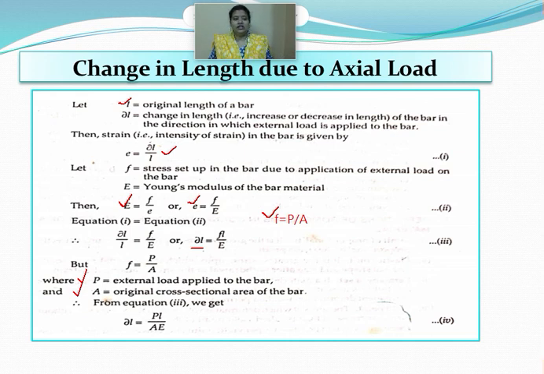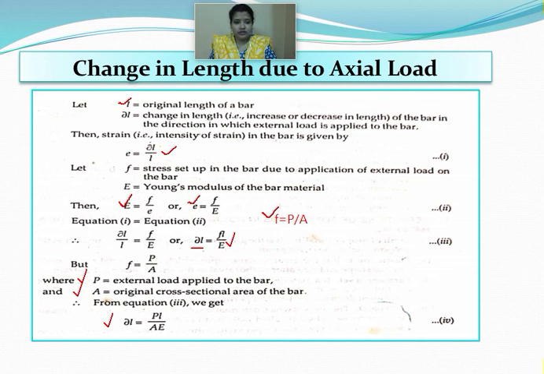So this is the final equation: del L is equal to FL by E. If you know the value for F, that is the stress, P by A, then you can also write del L is equal to P into L by A into E. So if you want to calculate the change in length due to axial load, the equation is load into length by area into modulus of elasticity.